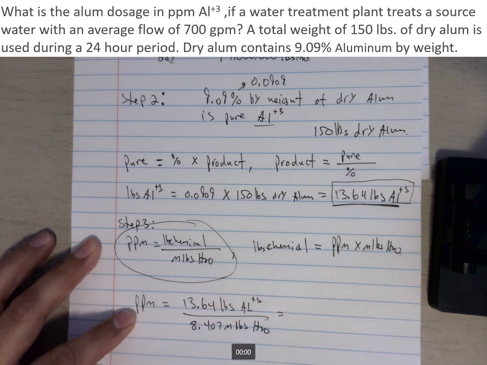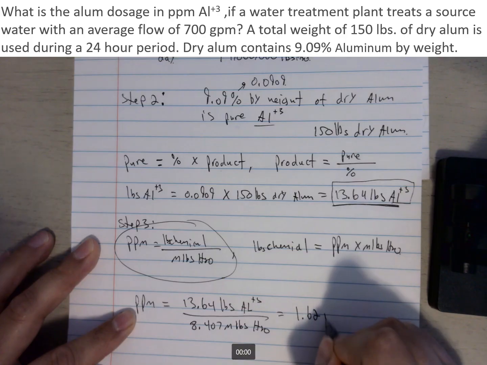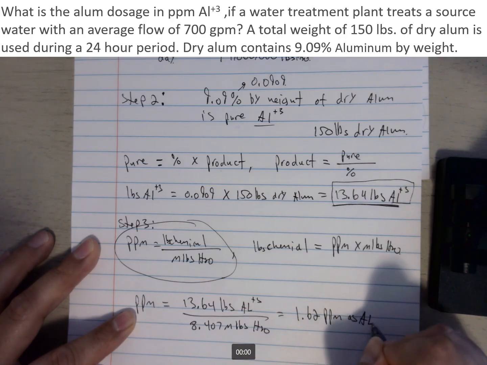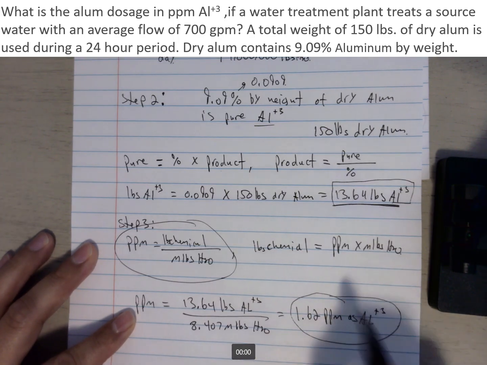We enter that in and get a concentration of 1.62 parts per million. That's as aluminum ion. We have solved our dosage problem.